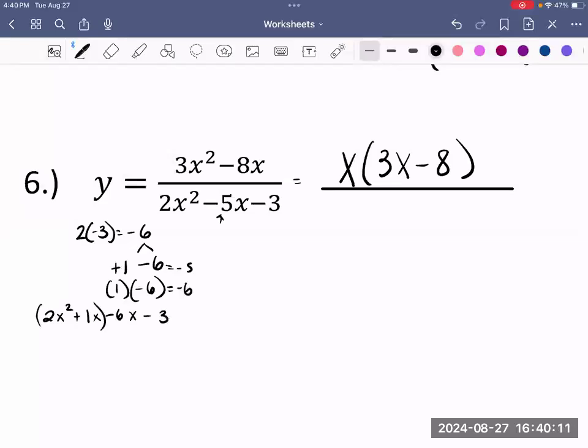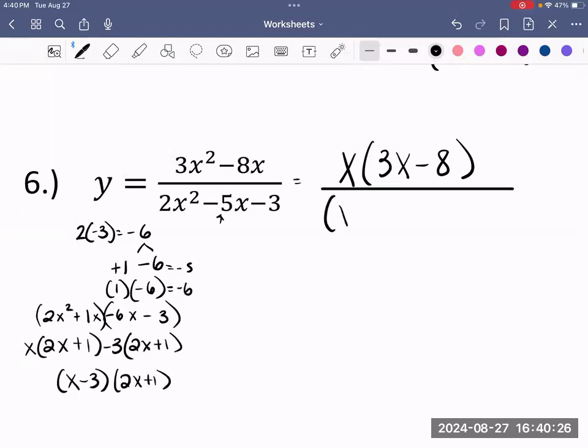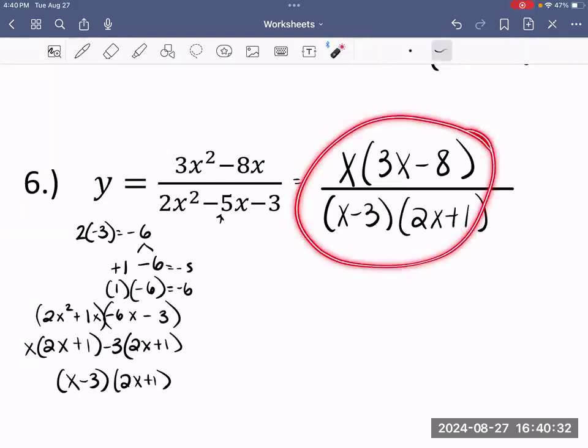So looking at factor by grouping, we have 2x plus 1. And again, over here, taking out a negative 3, you're left with 2x plus 1. So we get x minus 3 and 2x plus 1. So unfortunately, again, nothing is going to cancel out.